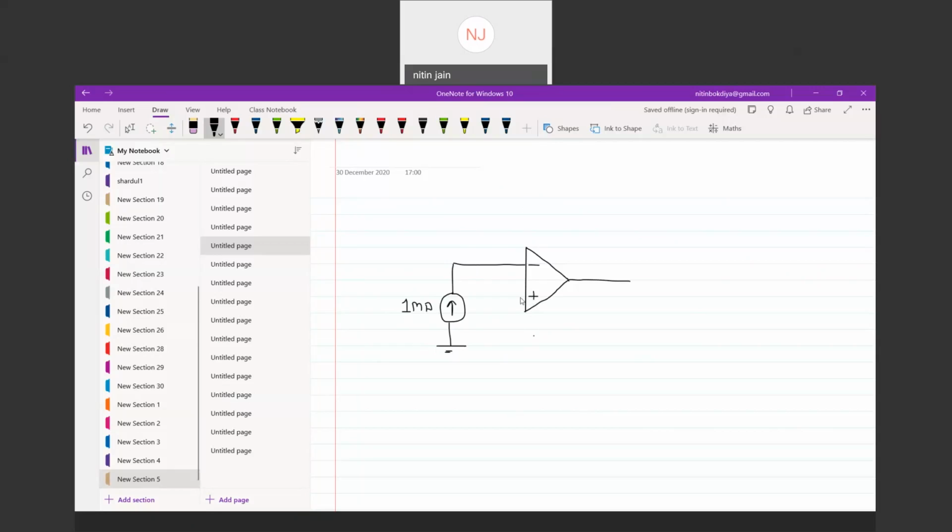Positive is connected to ground, and the feedback resistance is 3 kilo ohm. Yes, there is negative feedback, 3 kilo ohm. And we are interested in the values of VO and IO for the circuit. Calculate these two values. Op-amp is ideal. Try this.